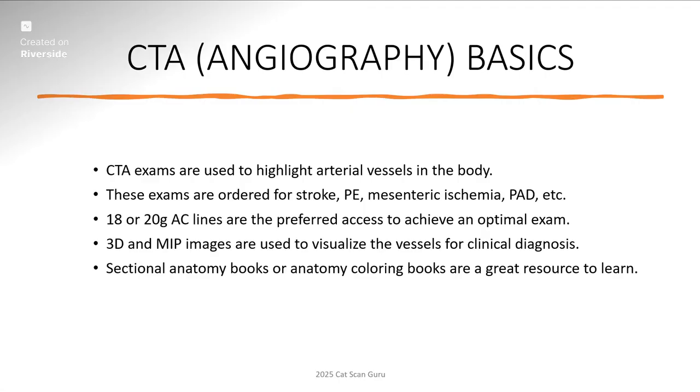What I found very helpful for memorizing the different types of arteries and veins we're looking at, especially referencing them to CT images, is using a sectional anatomy book, or those anatomy coloring books. They are so good. I know I used one when I was taking anatomy and physiology, and as a reference when I was learning CT. They're great and it's a great investment.